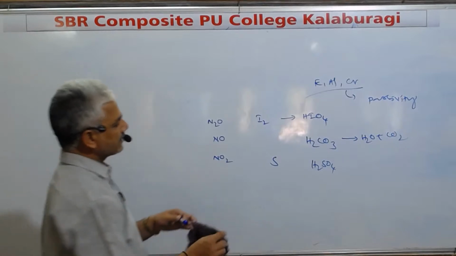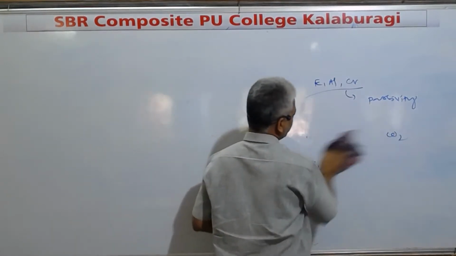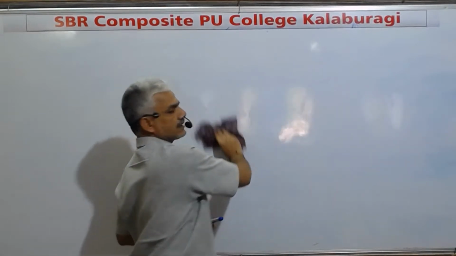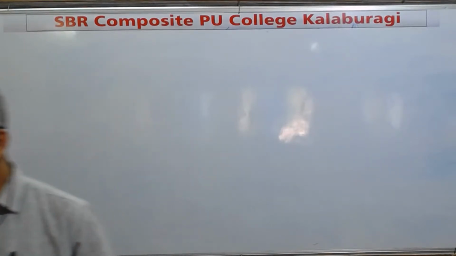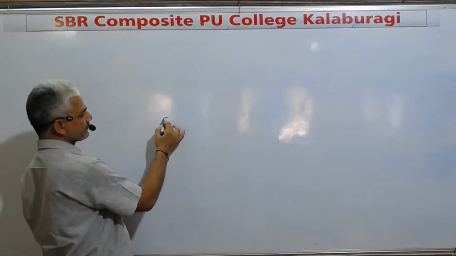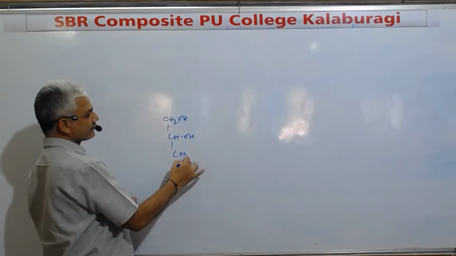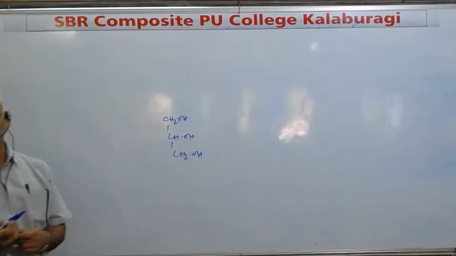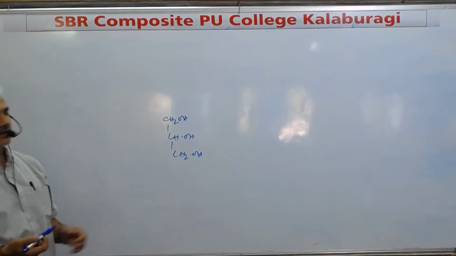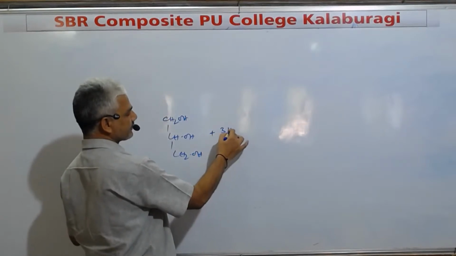In addition to these normal properties, there are special reactions you have to remember. Like how nitric acid reacts with glycerin or glycerol. What is glycerin? This trihydric alcohol is called glycerin or glycerol. So when it reacts with nitric acid, what do you get?